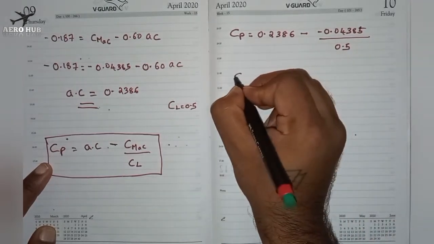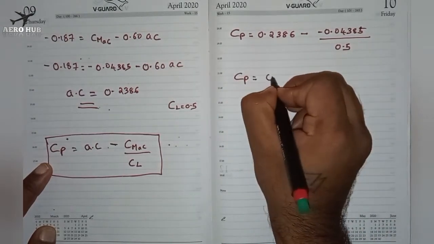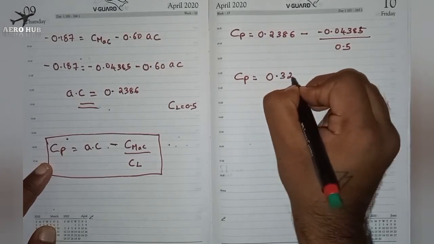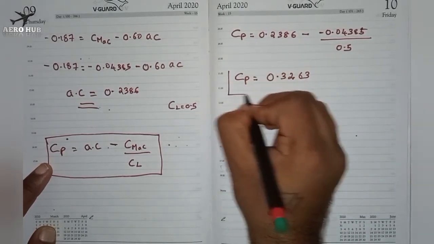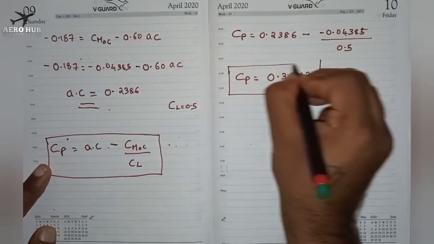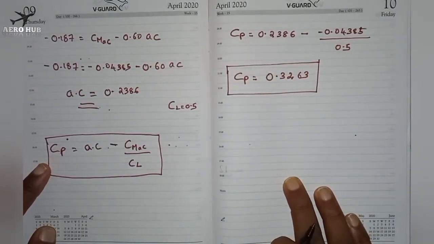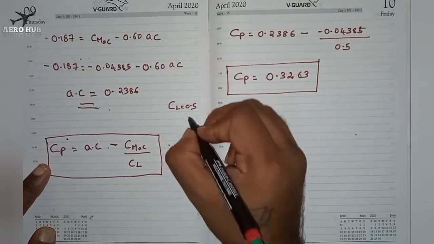So finally I will be getting the value of CP as 0.23263. This is the value of center of pressure of the corresponding airfoil when the value of CL is 0.5.